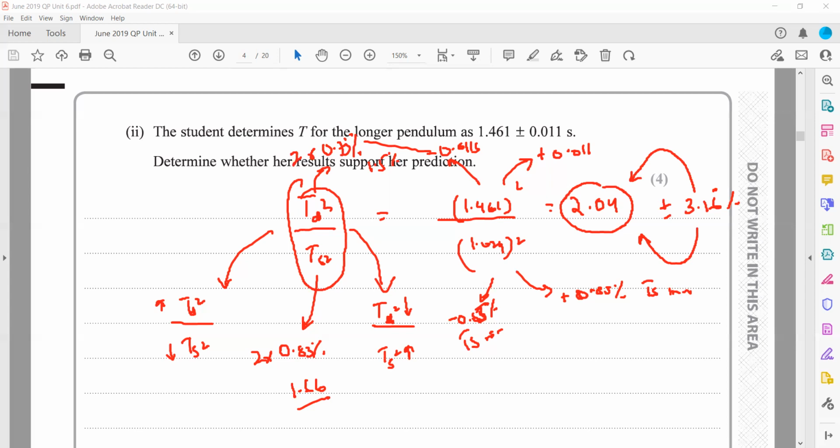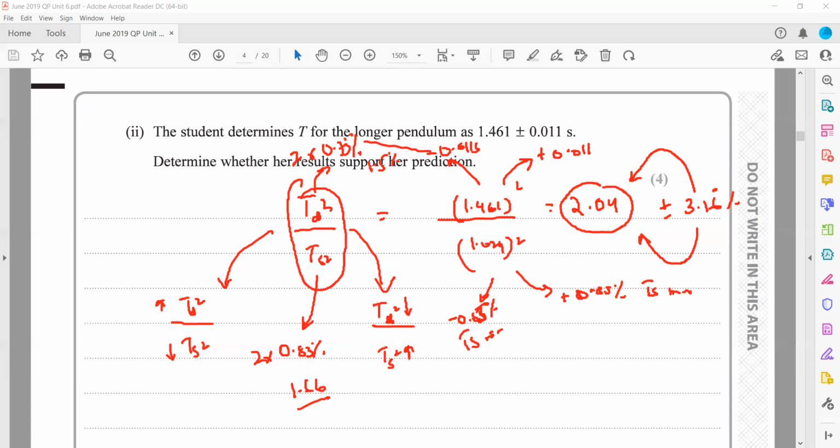So we'll check the 3.16% of this one: 3.16 times 2.04 divided by 100, that is 0.06. So 2.04 minus 0.06 is 1.97.